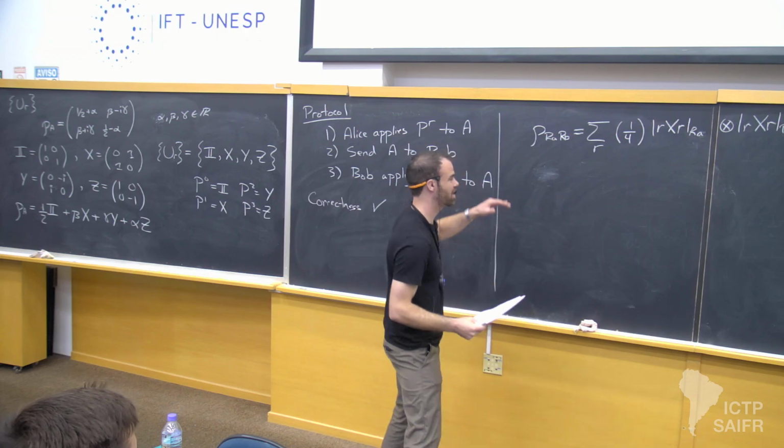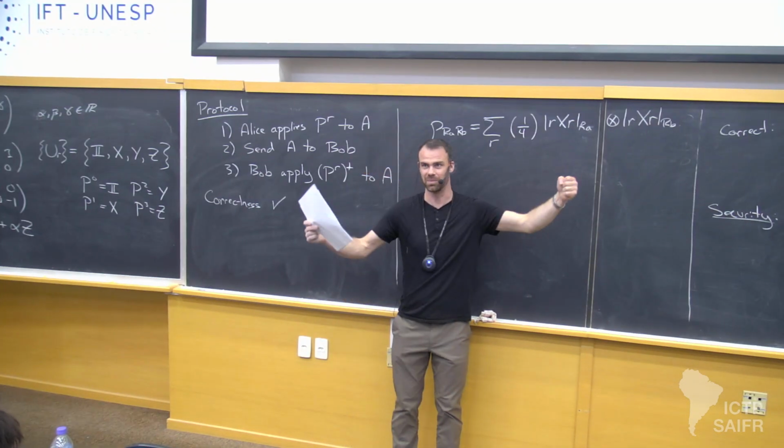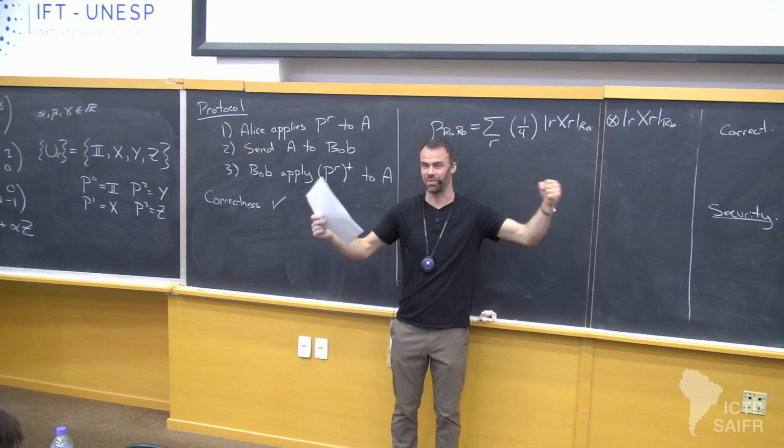I'm asking if you can justify for me why this describes Alice and Bob holding shared randomness.